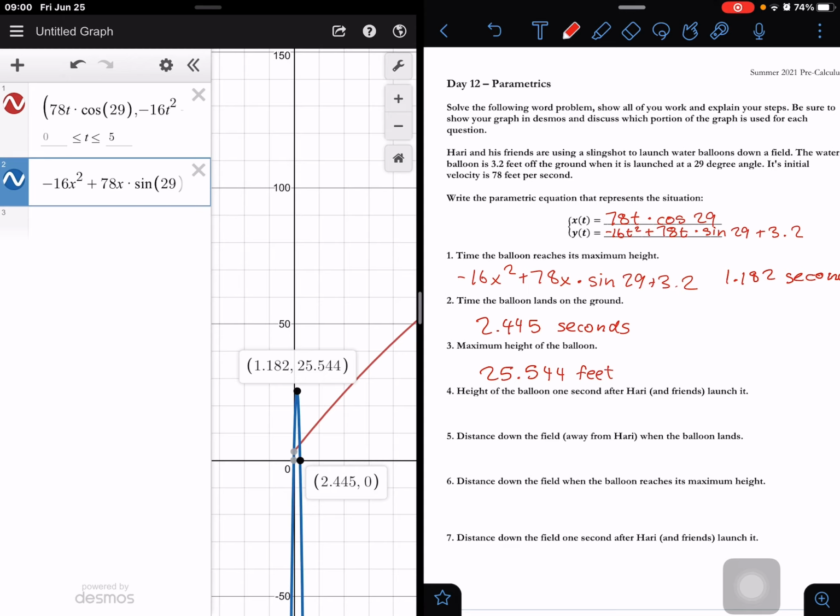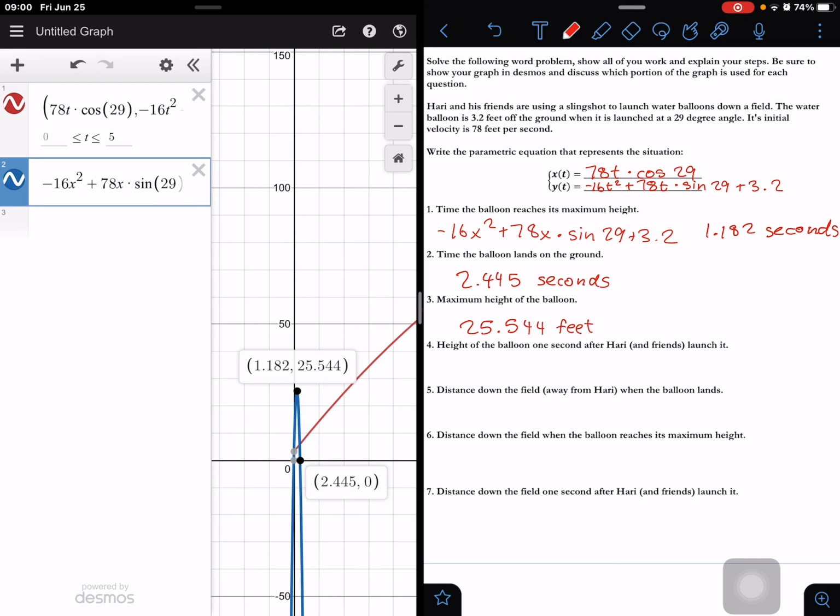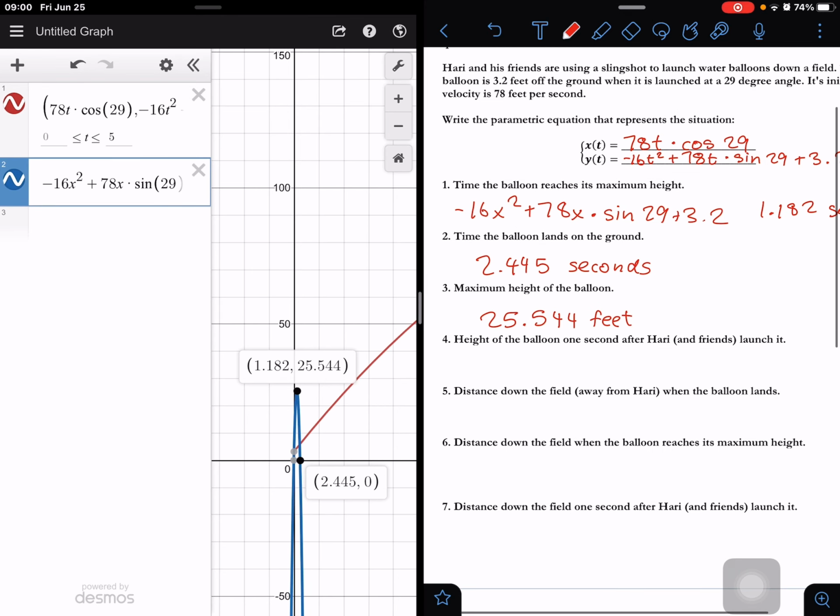And then you have to solve for the height of the balloon 1 second after Javi and his friends launch it. That means we plug 1 into this y equation in order to solve for the height at 1 second. So we would do -16 times 1 squared plus 78 times 1 times sine of 29, plus 3.2.